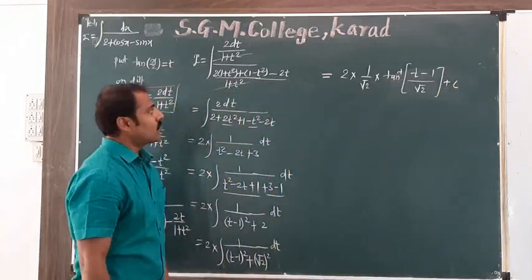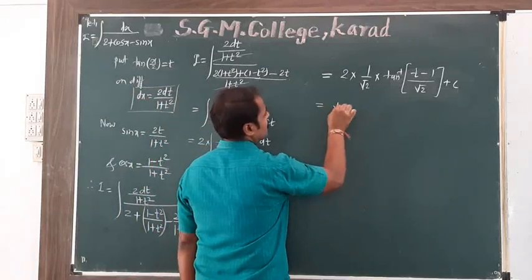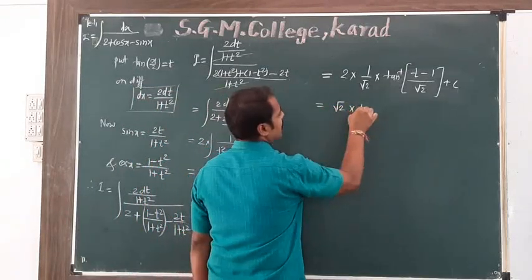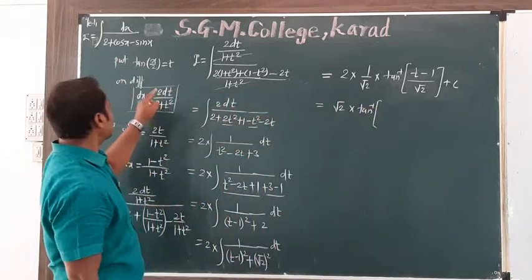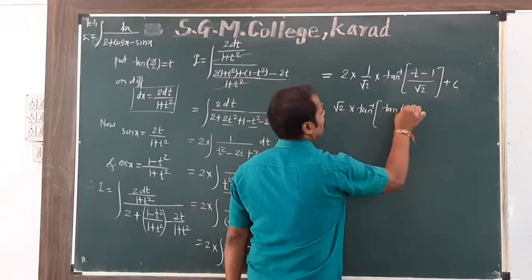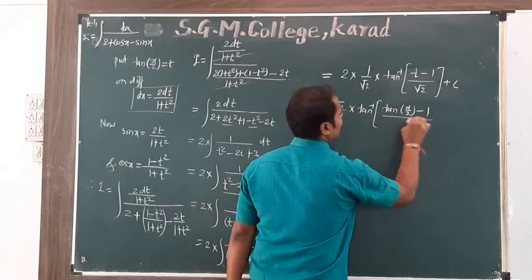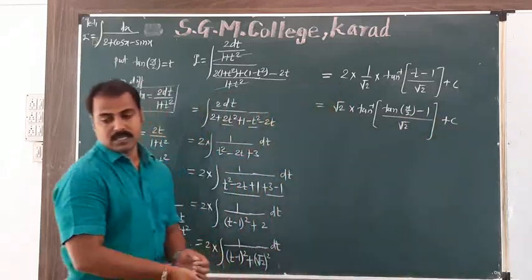Now 2 can be written as root 2 into root 2. One root 2 gets cancelled, so root 2 into tan inverse of, replace t by tan x by 2 directly, tan x by 2 minus 1 divided by root 2, plus the constant of integration c.